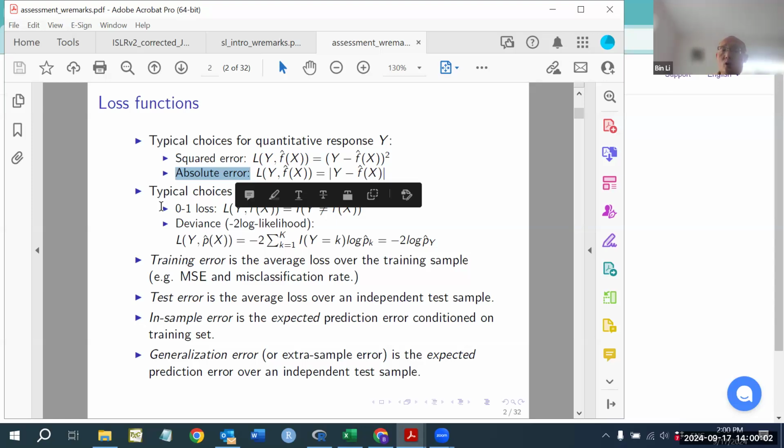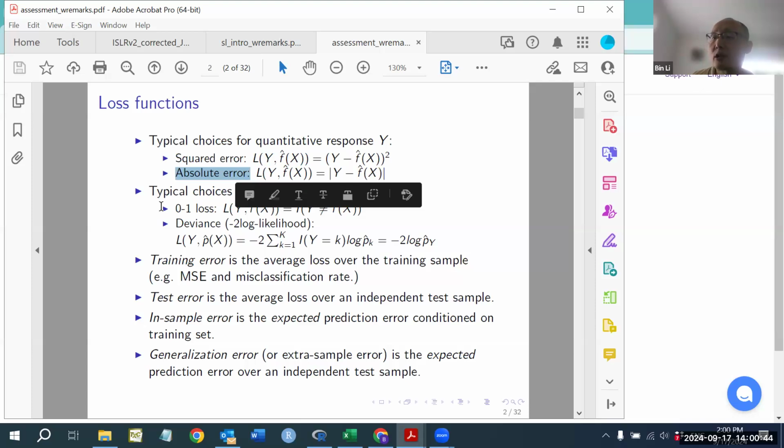Then you may ask, why not just use absolute error instead? The drawback for absolute error is that in most cases it does not give you a unique solution. You don't have the uniqueness property. It can have many solutions which give you the same results. That's no good. Also, when you do the optimization, squared error has a closed form, so it's much easier to optimize, and the solution is usually unique.